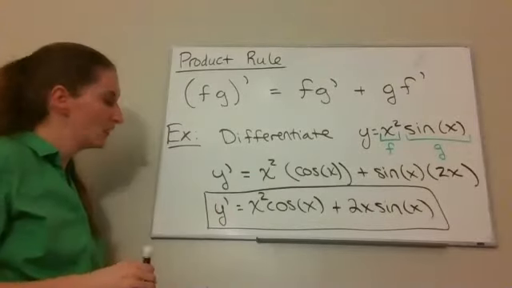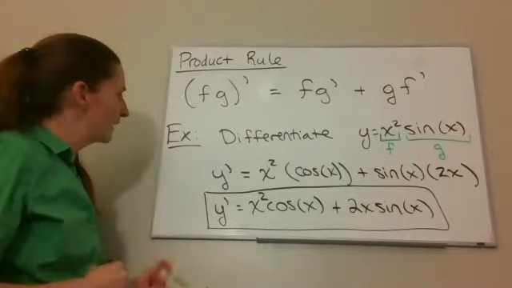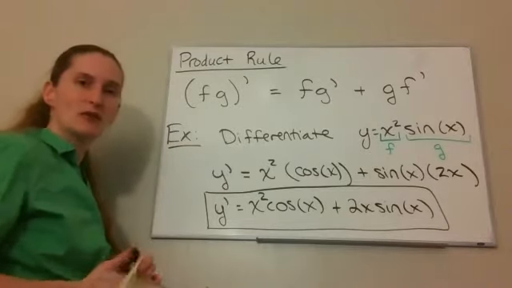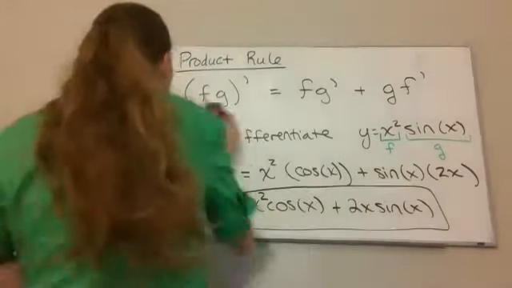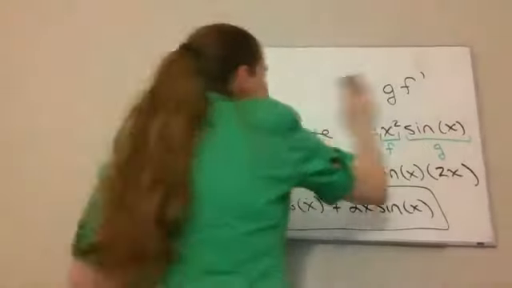Not too bad. Let's do another example right away just to get the hang of this product rule a little bit more. It's going to be a little more abstract than the example we just did.